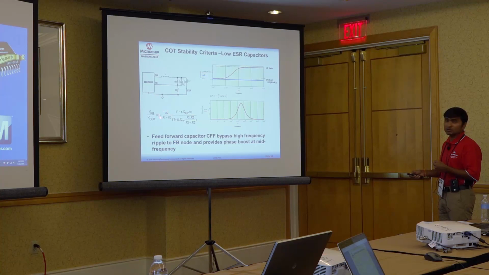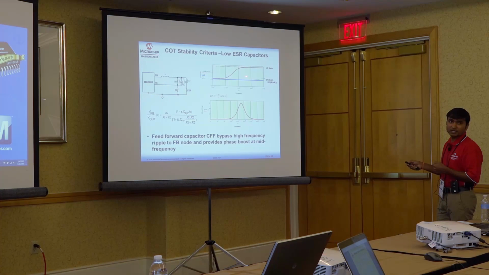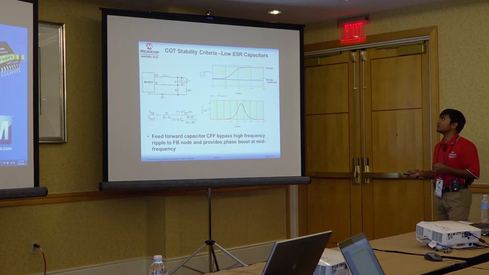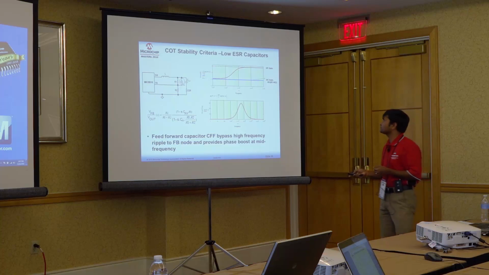The DC gain does not change, DC gain is still R2 by R1 plus R2, but this feed forward capacitor adds high frequency gain, provides the phase boost, and bypasses all the ripple from the output to the feedback node. This is the case with low ESR capacitors or tantalum capacitors.